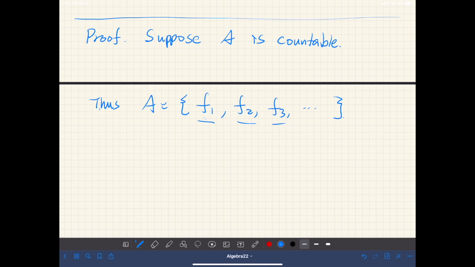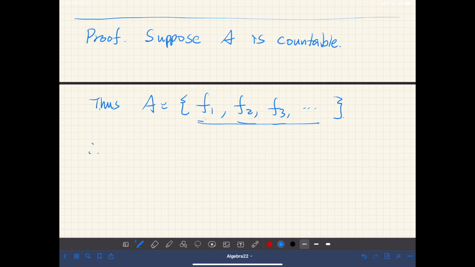Therefore, for every integer 1, 2, 3, 4, 5 and so on, there is a mapping that corresponds to one of these.